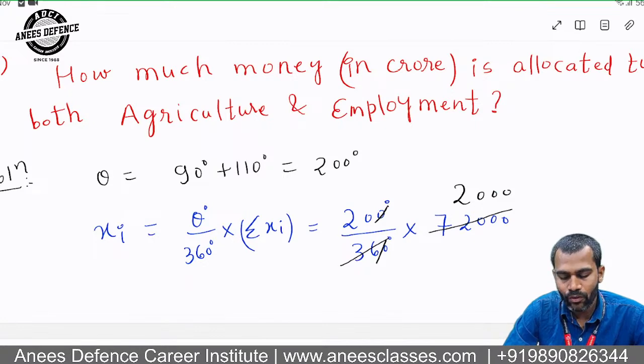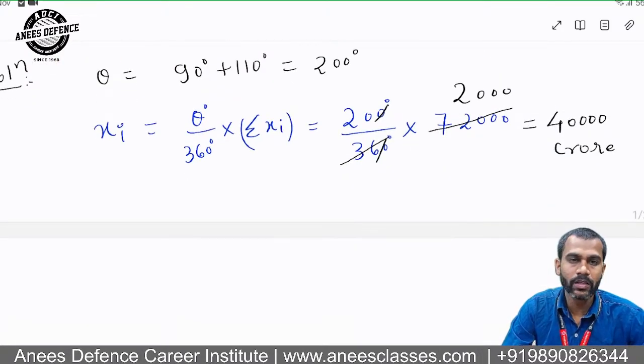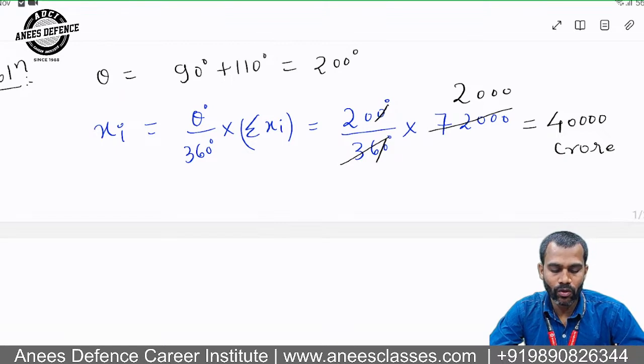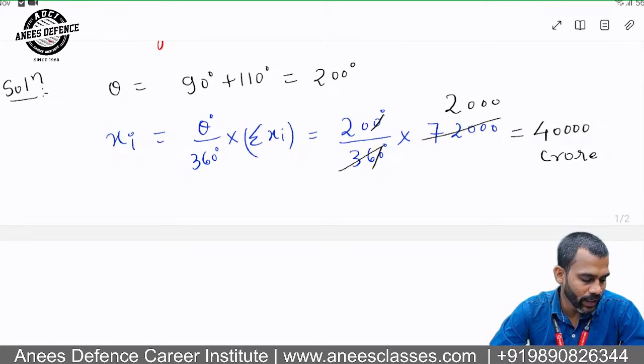So 2000 into 20, 40,000. So the answer should be 40,000 crore. Is there any doubt? I hope it is clear. Shall we move to the next question?